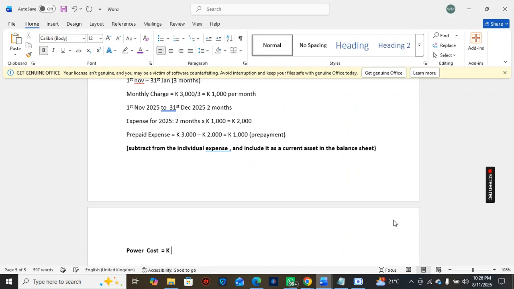So 15,000 minus the prepayment of 1,000 gives you 14,000. This is the power cost expense that we're going to see in the statement of profit or loss.